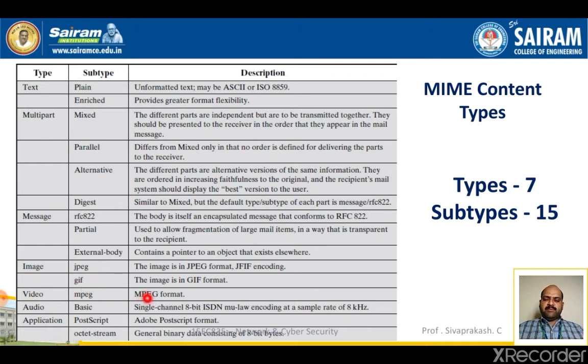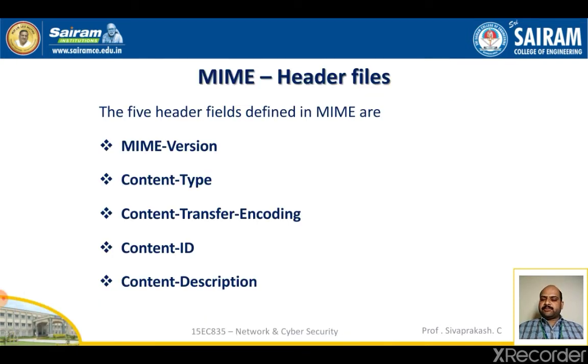For audio, the basic subtype is called basic, and it may be a single-channel 8-bit ISDN mu-law encoding at a sample rate of 8 kilohertz. And the last one, the seventh type of MIME content type, is application.